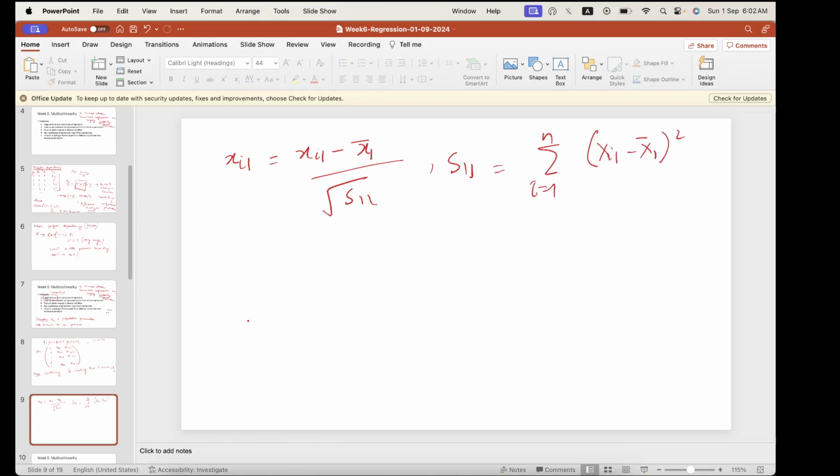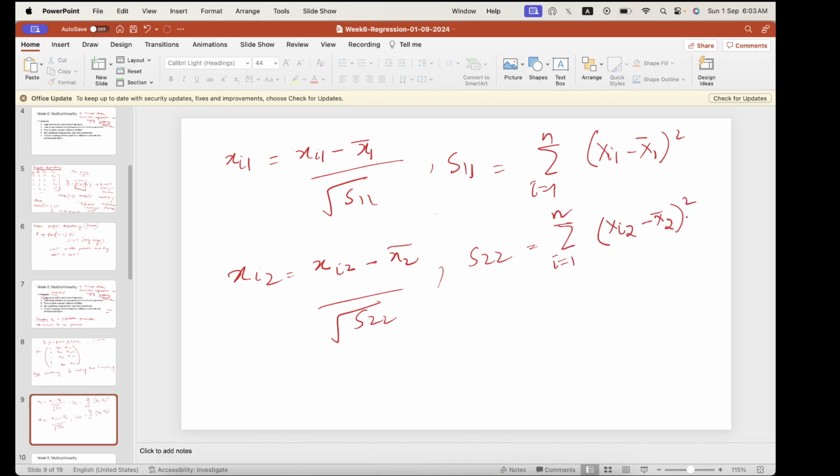Similarly we'll do xi2 equal to xi2 minus x2 bar by root over s22, where s22 is summation i equal to 1 to n of xi2 minus x2 bar whole square.